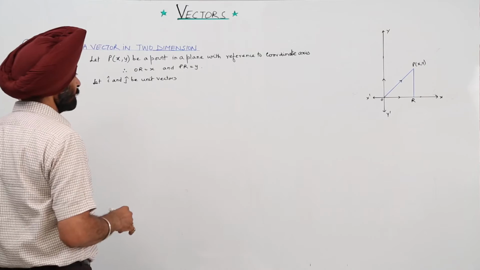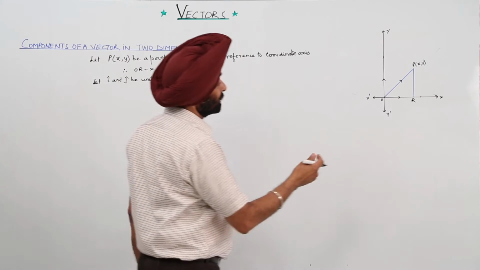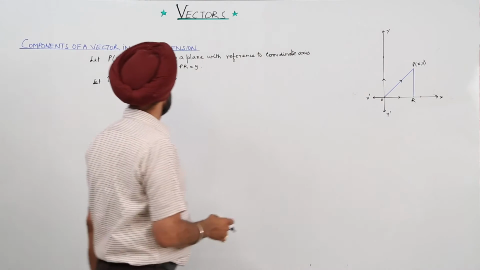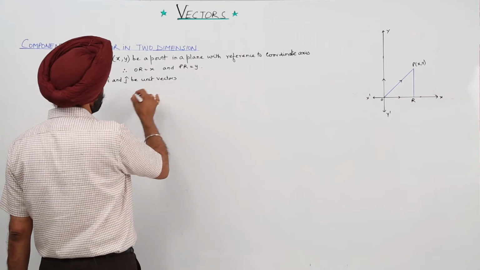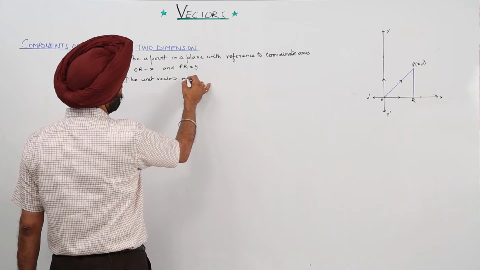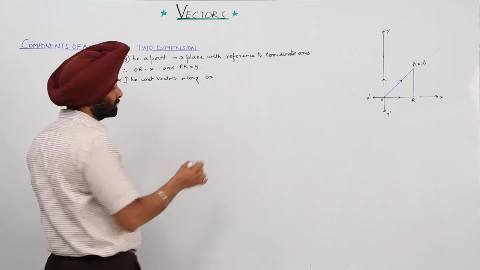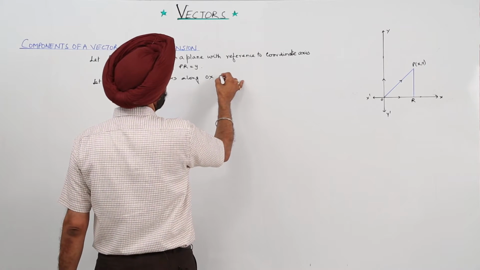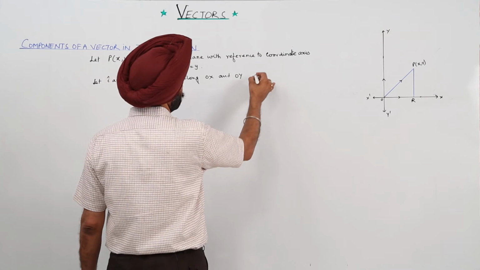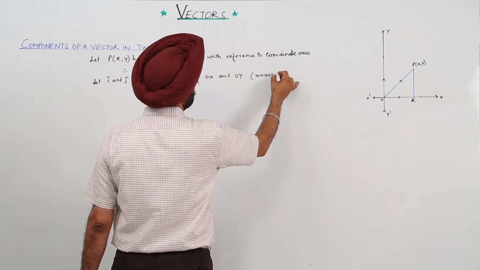Let i cap and j cap be the unit vectors along OX, that is the x axis, and OY, the y axis.